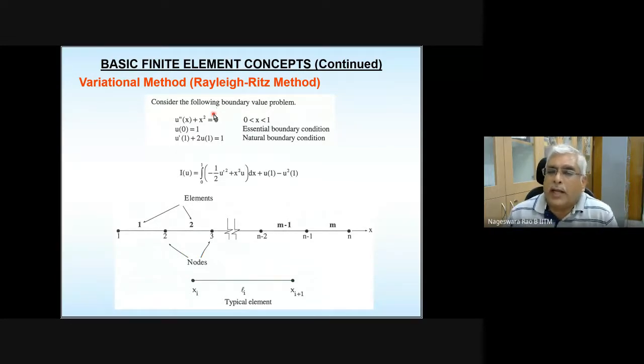Irrespective of whatever approach you choose, given the boundary value problem, the initial steps are the same. If it is the variational method, the first step is, given the differential equation, you multiply with the variation of the quantity you are trying to approximate, which is u, on either side, and integrate over the problem domain.